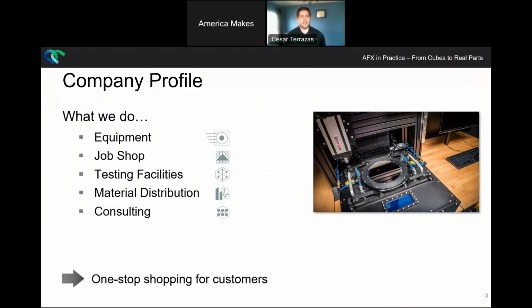All of these, both in locations in Germany, which is in Aachen, which is the place for Aconity 3D, and then also here in El Paso, Texas, which is the headquarters for AconityUS. So in essence, we want to be the one-stop shopping for customers, again, doing either production or research into additive manufacturing using laser particle fusion.